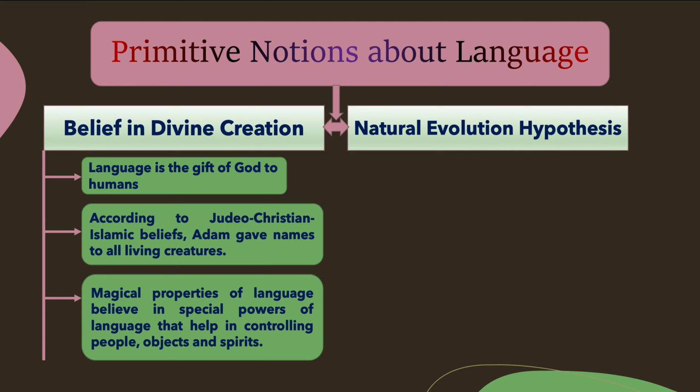For example, if you know magic and you read certain words, you can control and influence people. With the help of language, you can even make objects do what you like, as we have in the computer, in the scientific system of technology. Then, with the help of language, we can also control spirits.